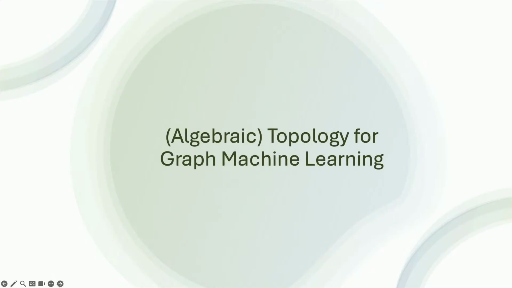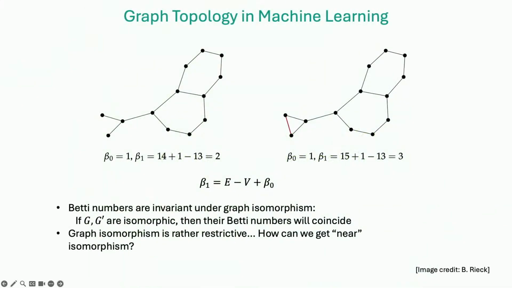so let's try to move on to topology for machine learning. I'll try to go over this kind of quickly, but the idea is what I mentioned before about topology: you're looking at the shape, and here you only care about connected components and loops.